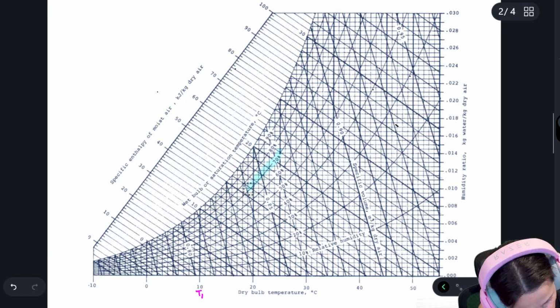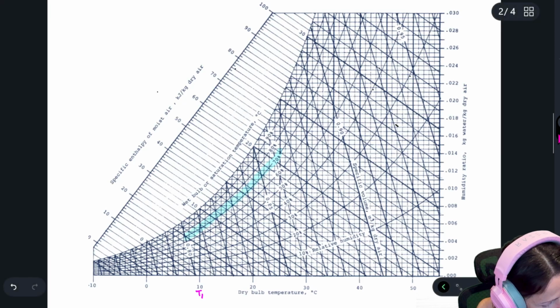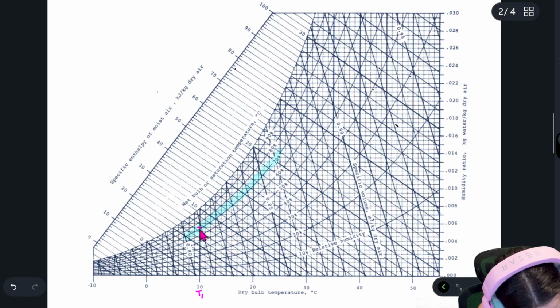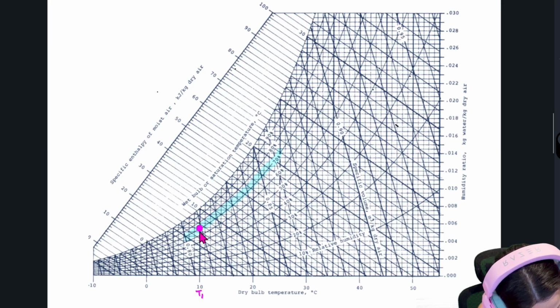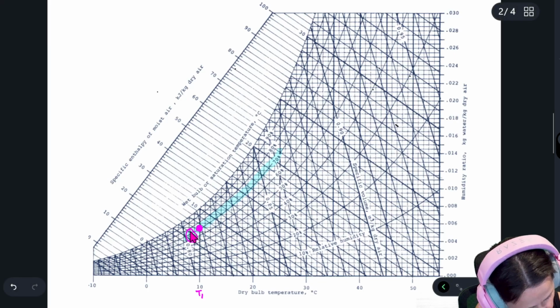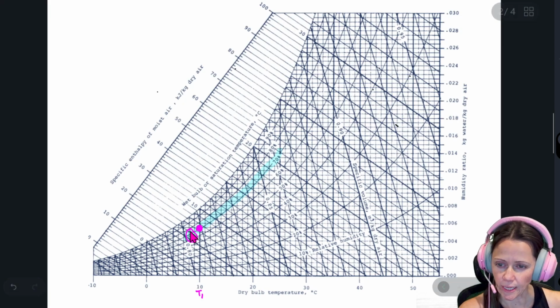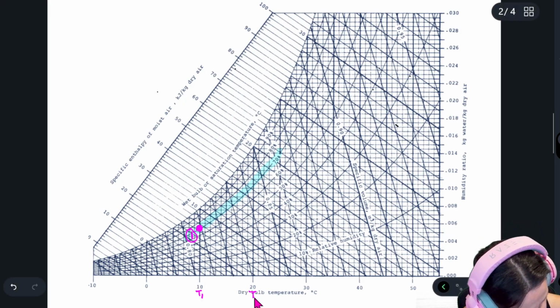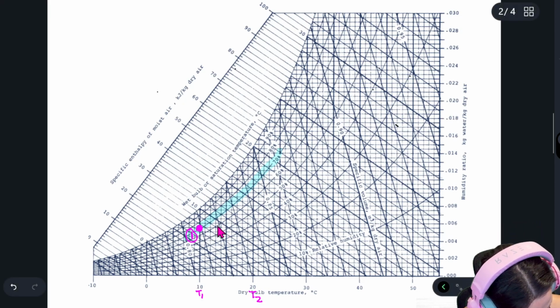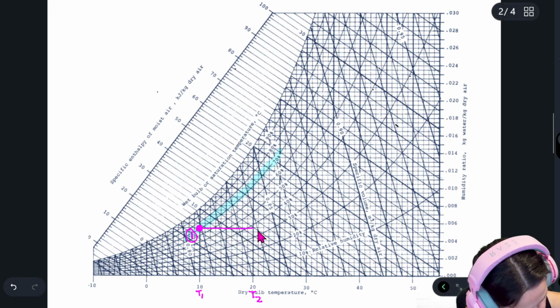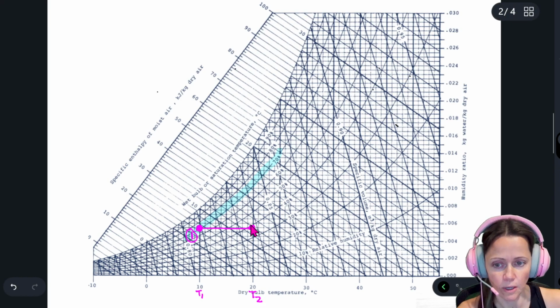It's right there, so that's our state 1. Then we heat things up to 20 degrees, and we're going to do that along a line of constant humidity. Perfect.